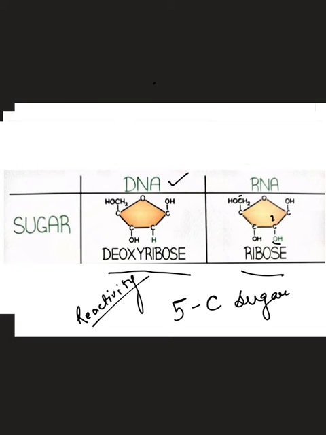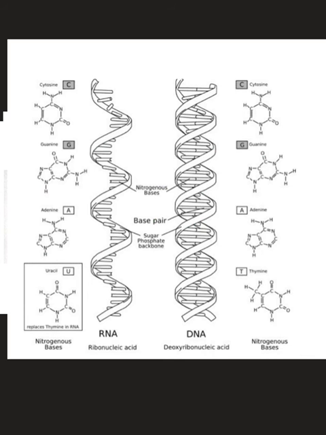Now let's see another key difference, that is the kind of bases present in DNA and RNA. Here you can see that RNA, ribonucleic acid, contains cytosine, guanine, adenine and uracil nitrogen bases, and DNA contains cytosine, guanine, adenine and thymine.